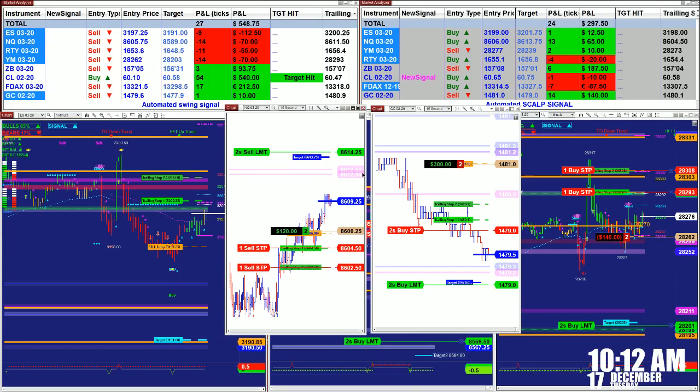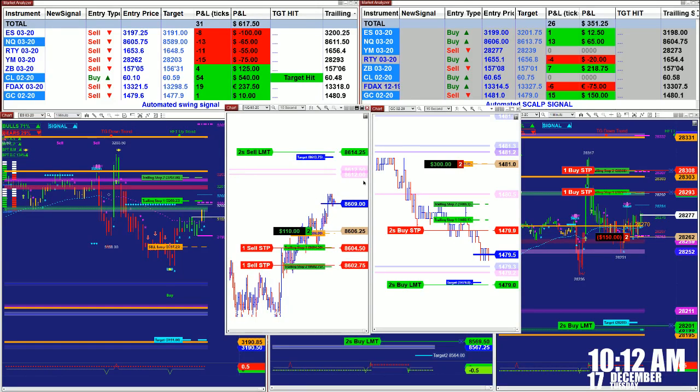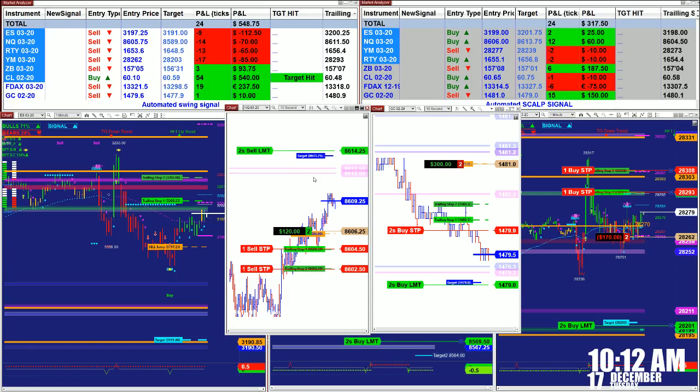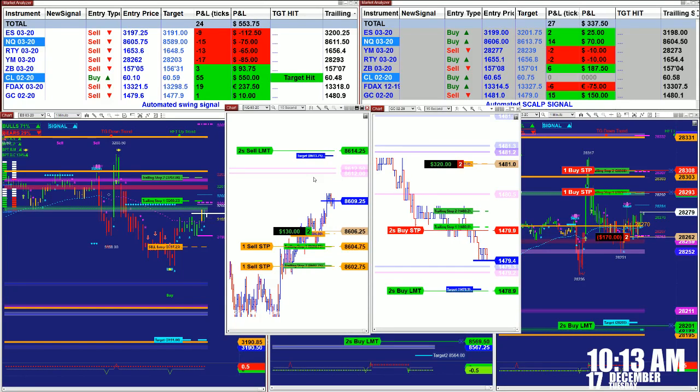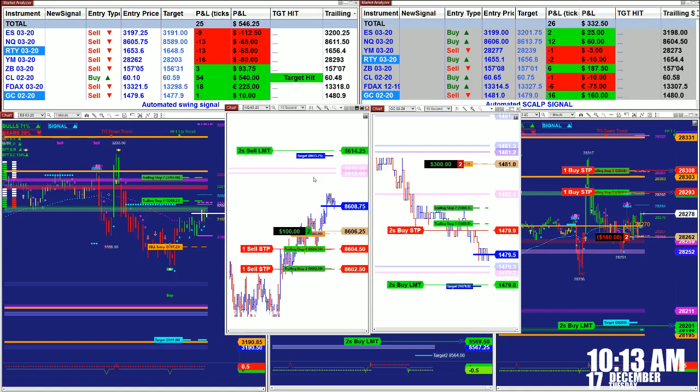The same thing on the NASDAQ. There is a double resistance at 86.1250 and 86.12, and most of the time it's not going to make it. When you see double support or double resistance, most likely it's not going to be able to break it on the first round.